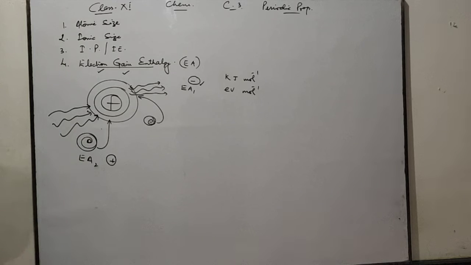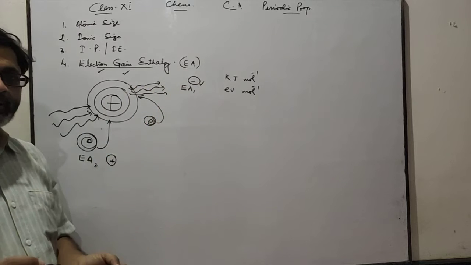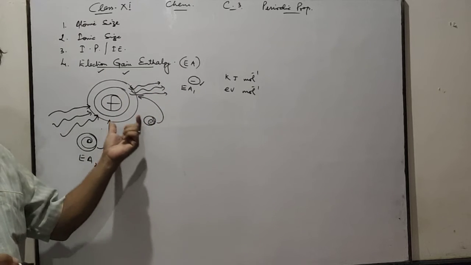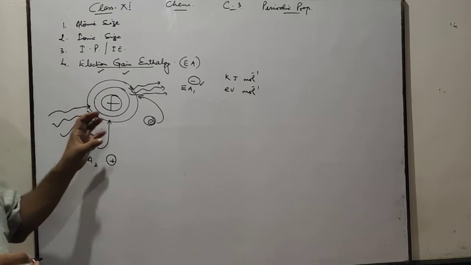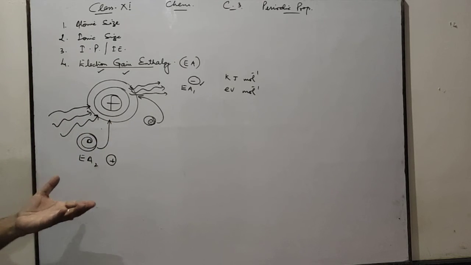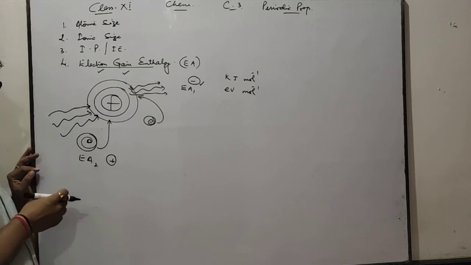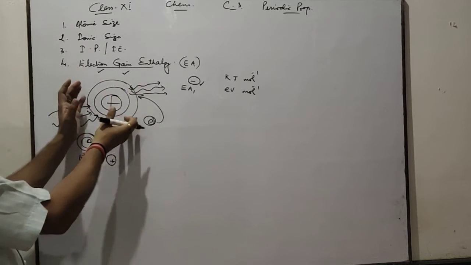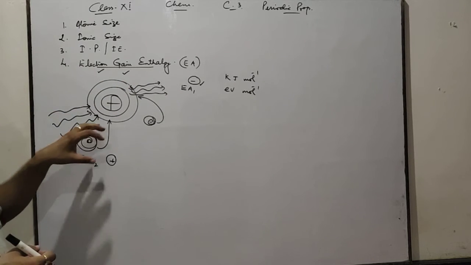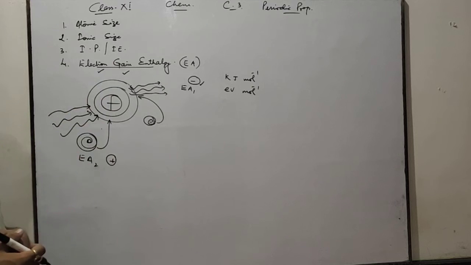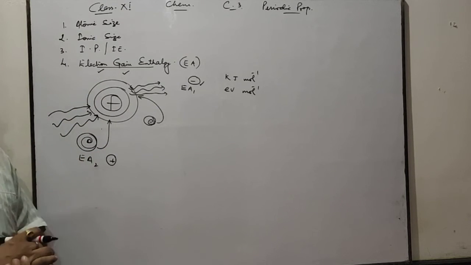Why so? When you add the first electron, energy is released. But when we add the second electron, energy is not released; energy is required. Why so? When an electron is added, it becomes a negative charge, converted to an anion. And this negative ion repels another electron entering it.